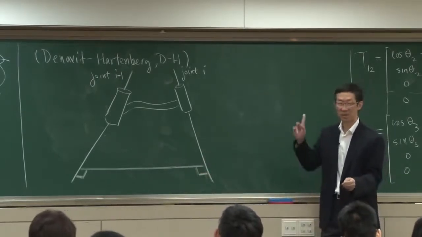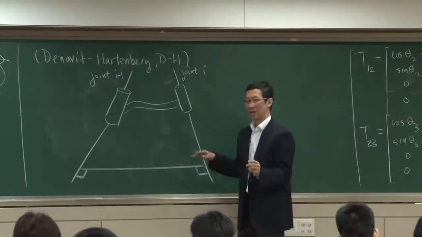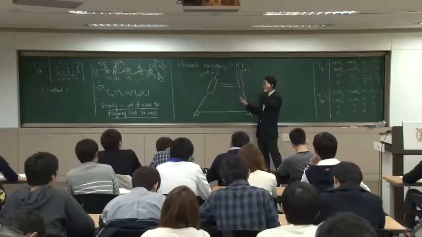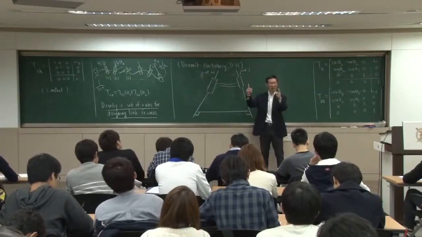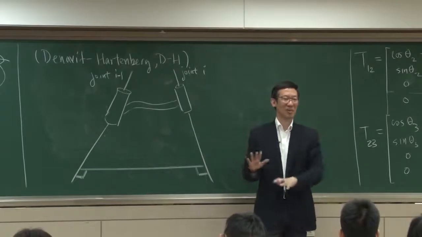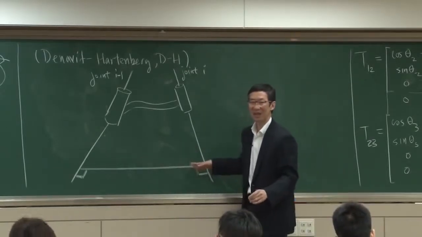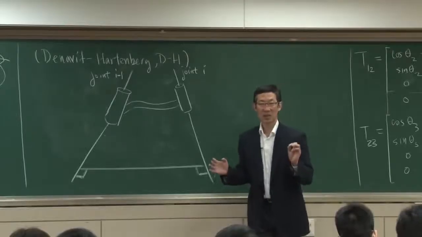Now, you might say, what if the lines are parallel, or what if the lines intersect? Don't make it complicated now. Just pretend that there's some unique line that connects these two joint axes, such that it is perpendicular to both axes. So we do that.